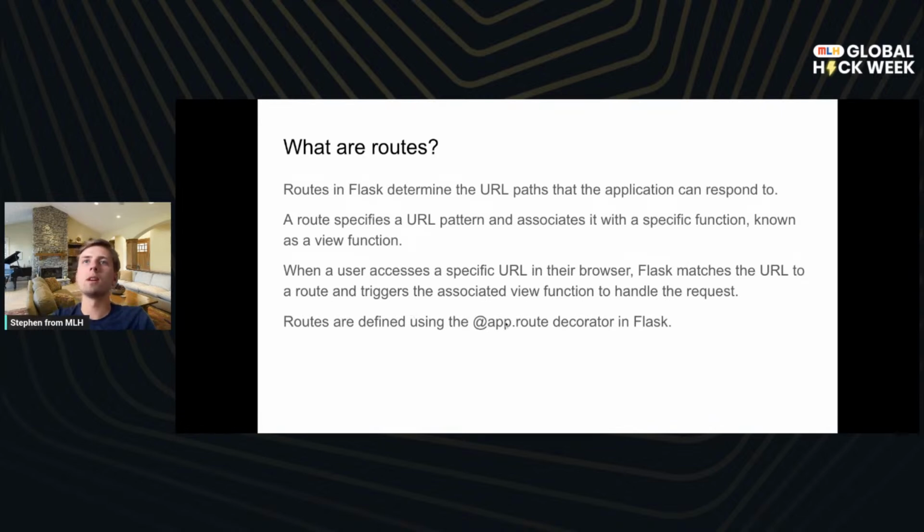So routes. What are routes? Well, routes in Flask determine the URL paths that the application can respond to. A route is going to specify a URL pattern and associate it with a specific function, which we call the view function. What this means in more plain language is that it's associating a URL with a view.